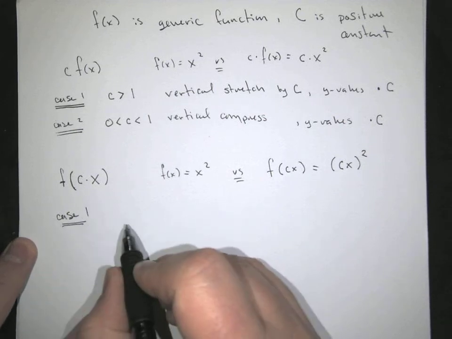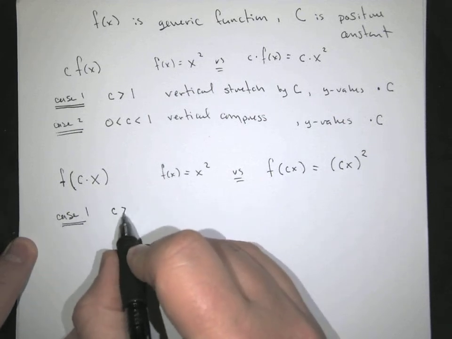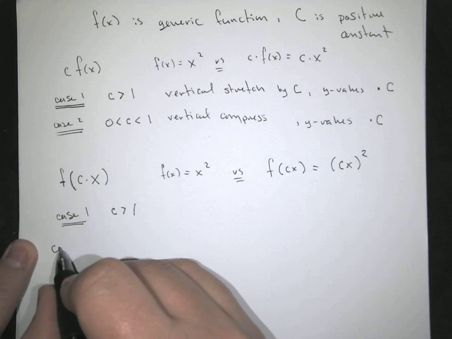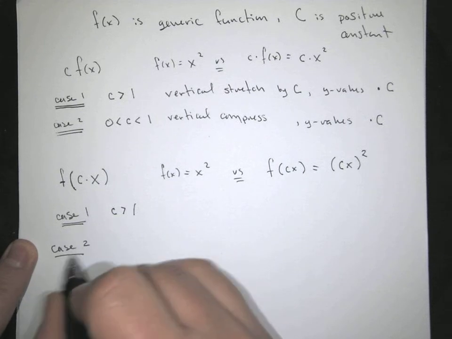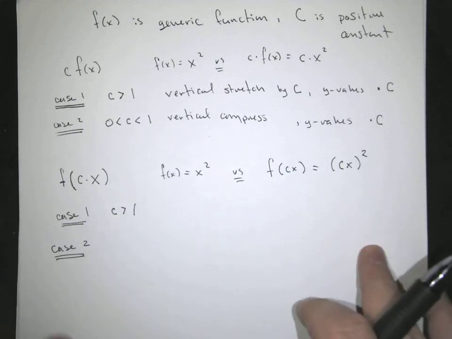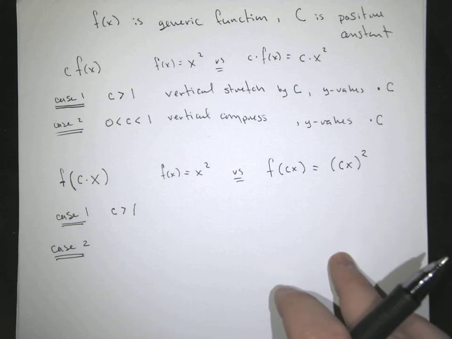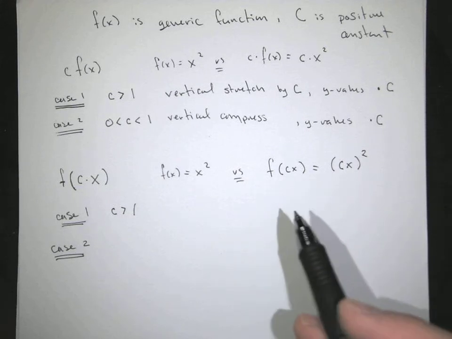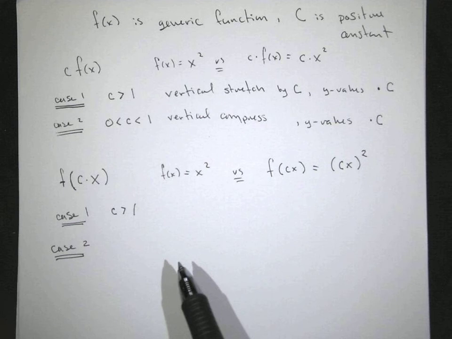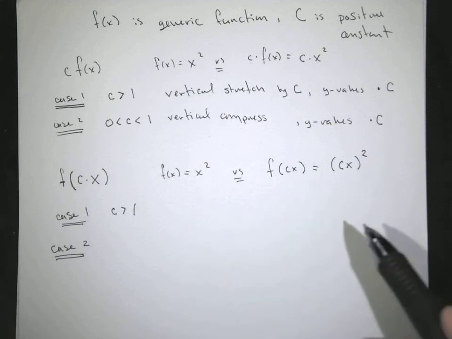Similar to our horizontal shifts, which to a certain extent were backwards from what your intuition might be, when we added to the x, it actually shifted us to the left, and if we subtract from the x, it actually shifts us to the right.